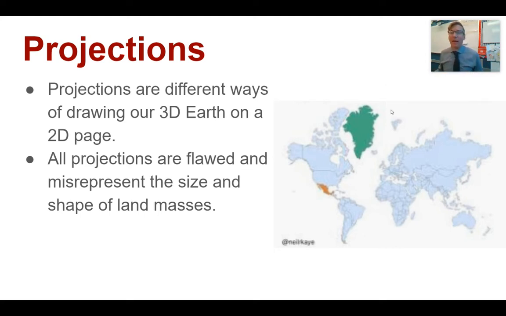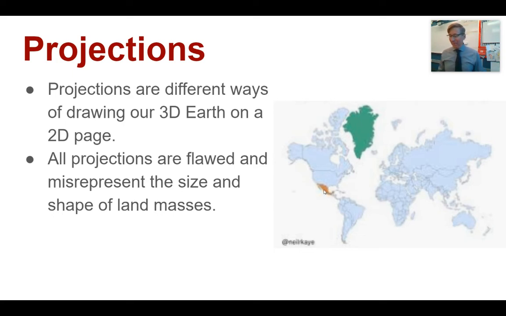Take, for example, this map right here. According to this map, which is a Mercator projection, a very common representation of the Earth, we see Greenland as this huge, massive land up on the northern side of the map. And Mexico, this little orange country down here.